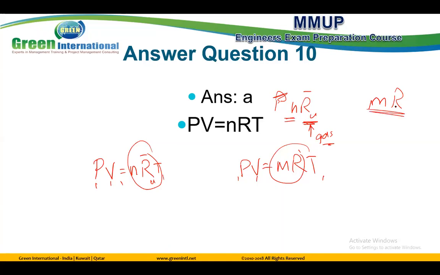But here R represents the gas constant for a specific gas. It means CO2 has a value, air has another value, oxygen has another value, and so on, and this m is the mass. So the general gas constant, this one, is more generalized.